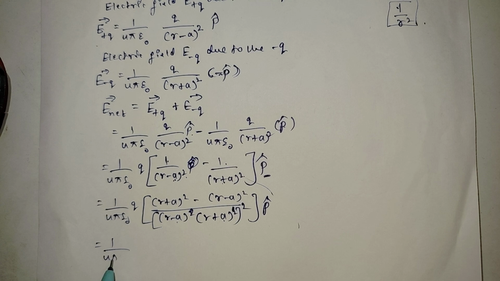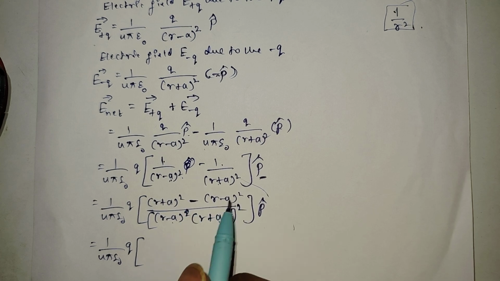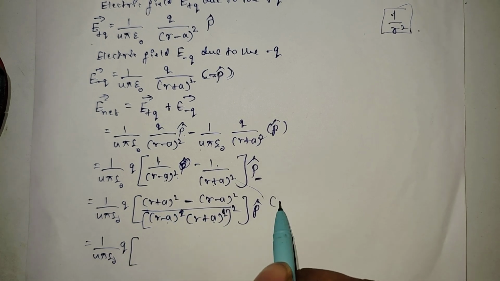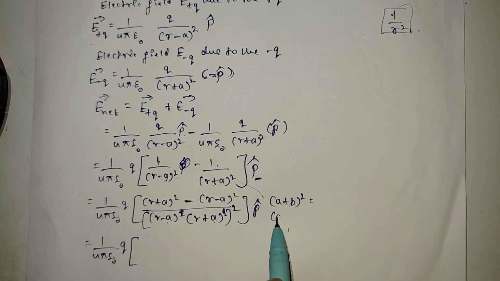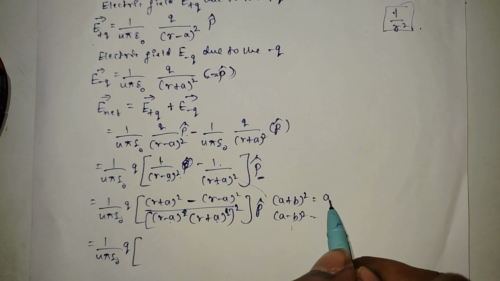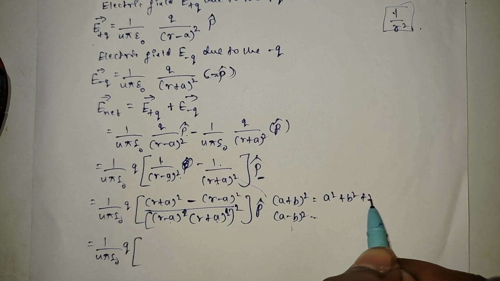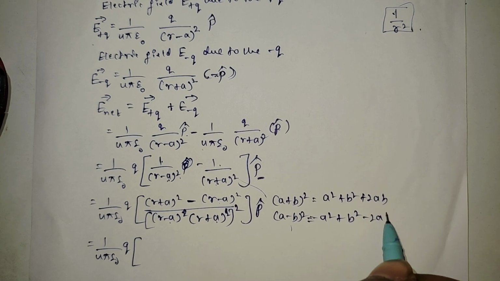Next, 1 divided by 4 pi epsilon naught Q, into r plus a whole square minus r minus a whole square. Here I will apply the identities: a plus b whole square is a square plus b square plus 2ab, and a minus b whole square is a square plus b square minus 2ab.